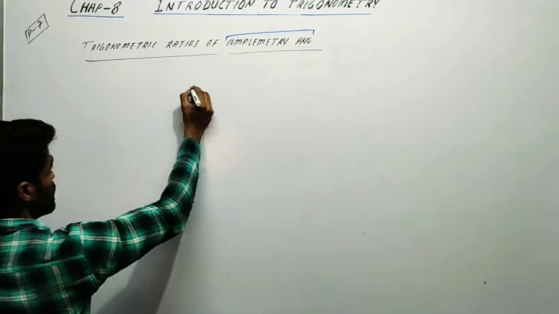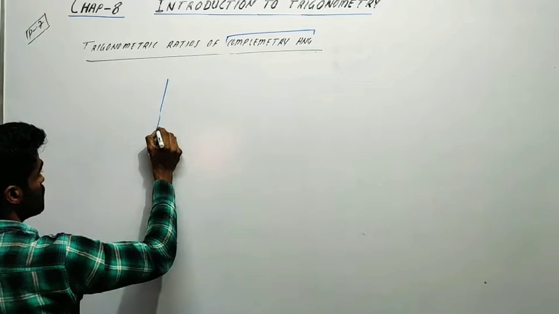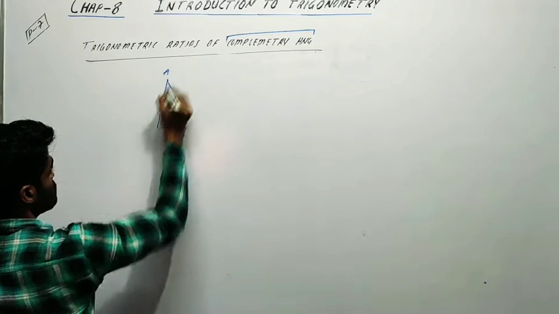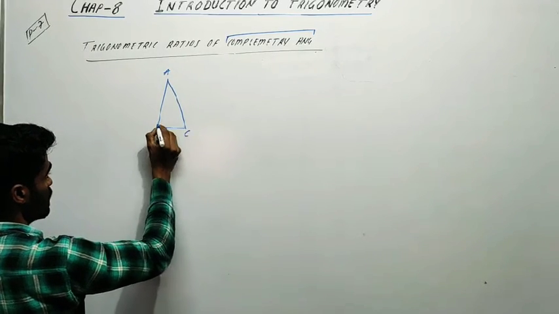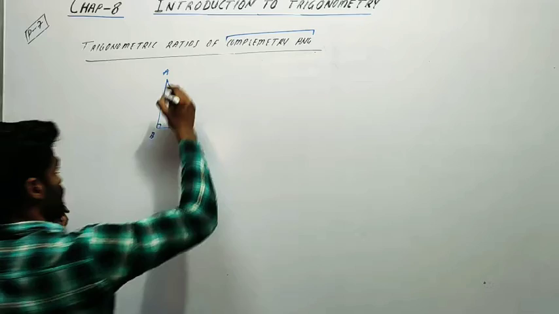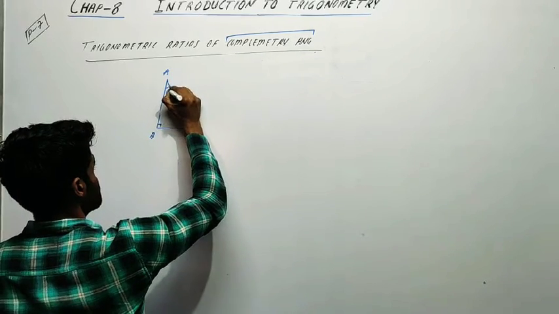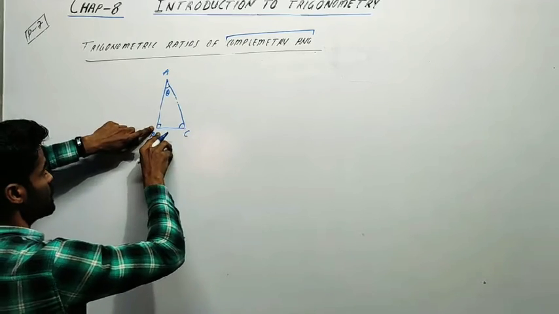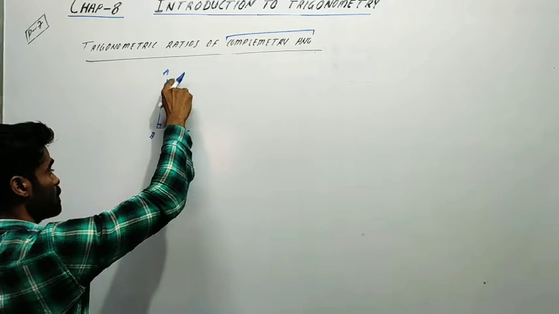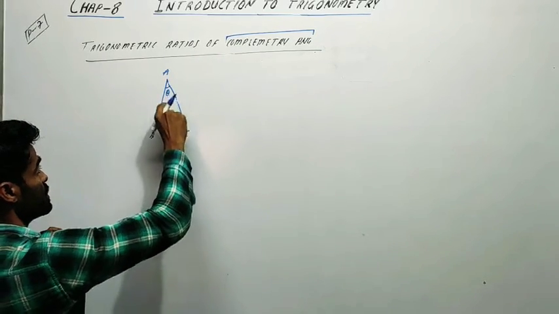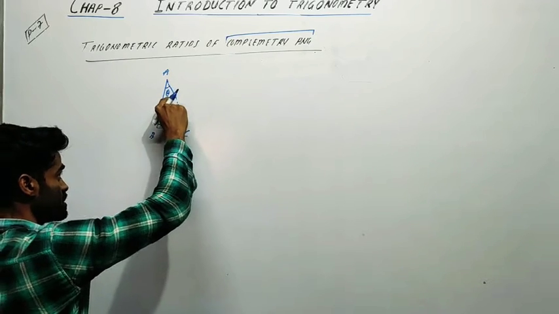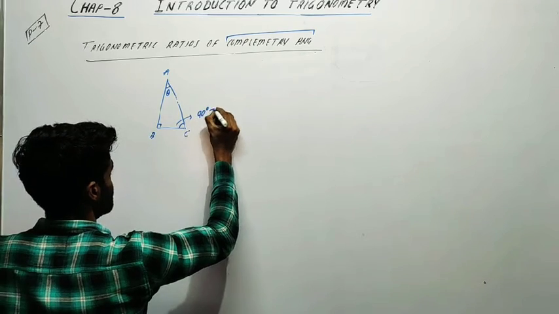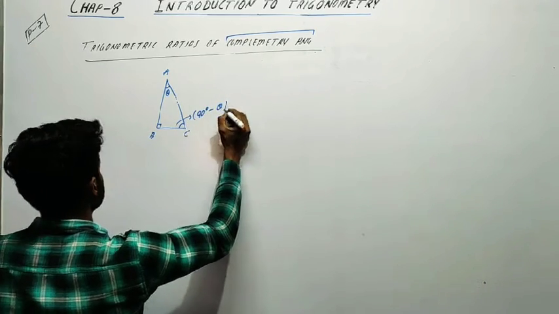So here is a triangle ABC, right angled at B. If angle A is theta, then what will be the value of angle C? Angle B is 90 degrees, and from the triangle angle sum property, the sum of A and C is 90 degrees. So if angle A is theta, then angle C will be 90 degrees minus theta.